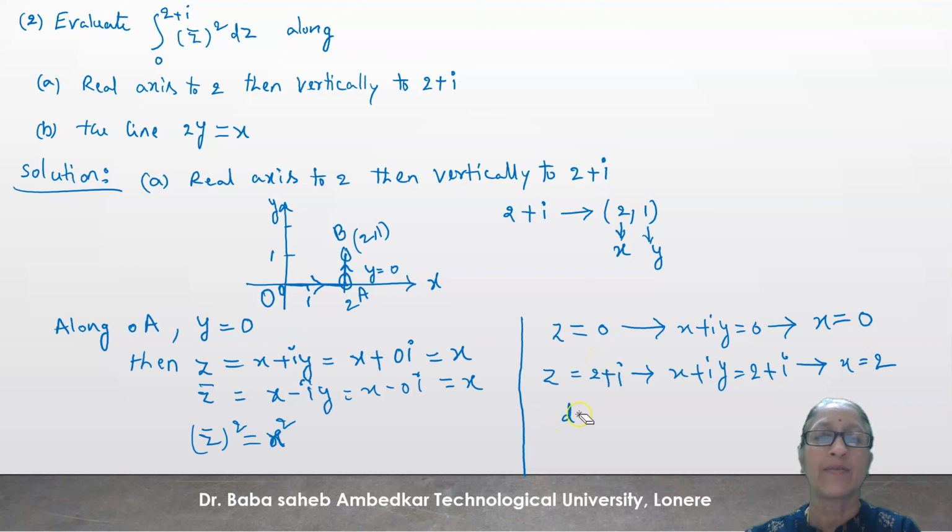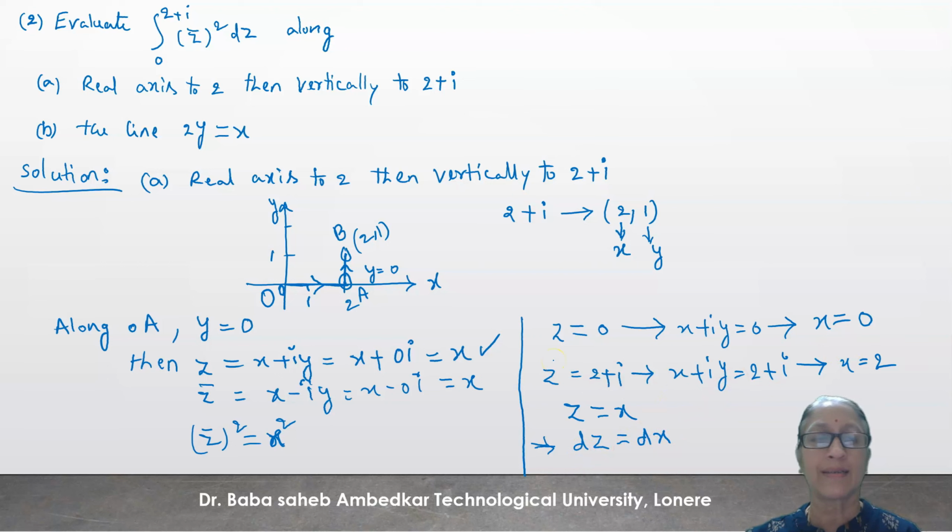Here we have obtained z equal to x, which implies dz equals dx. We have converted the integrand in terms of x, found dz in terms of x, and taken limits for x using limits of z.